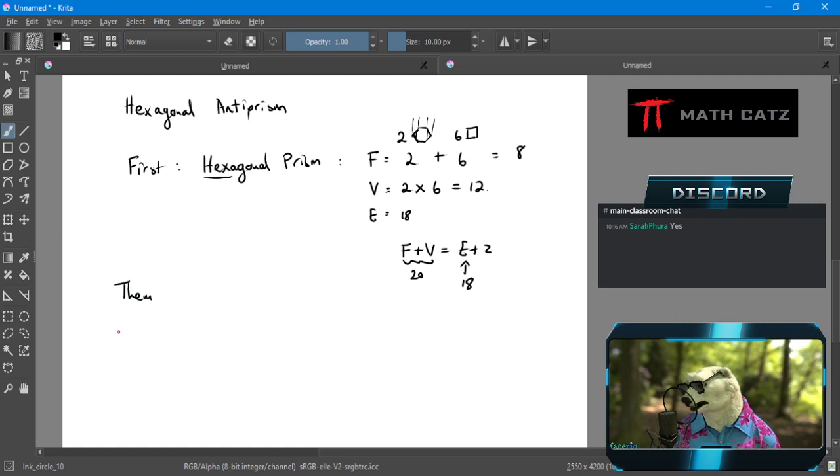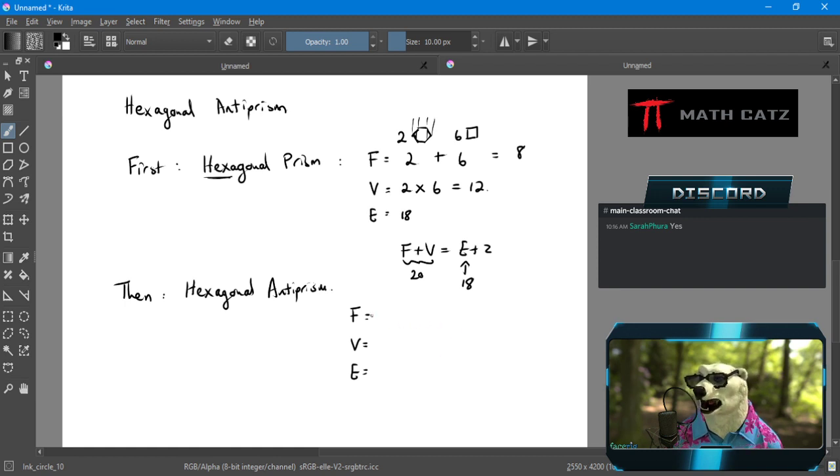Now we can look at the corresponding same base antiprism. Now all I need to know is how it changes. I don't have to imagine it perfectly, but I imagine sort of a rubbery shape where I take the top face, which is a hexagon, and I just twist it a little bit.